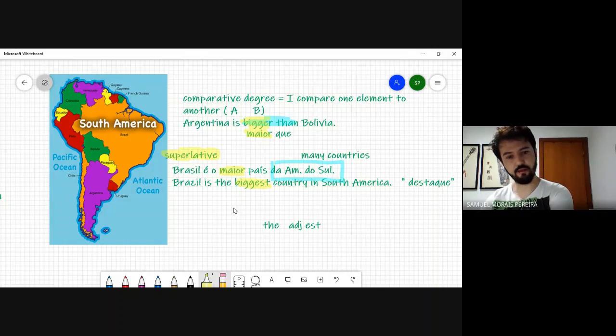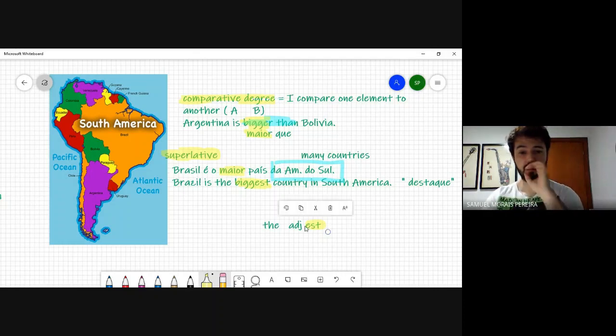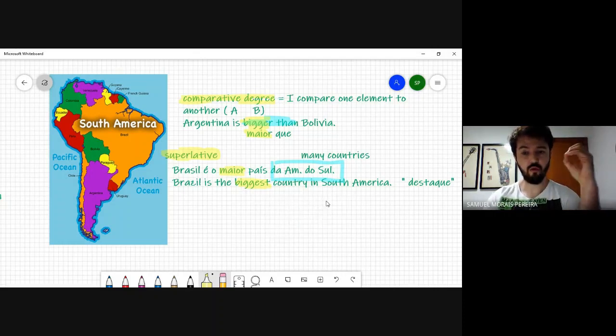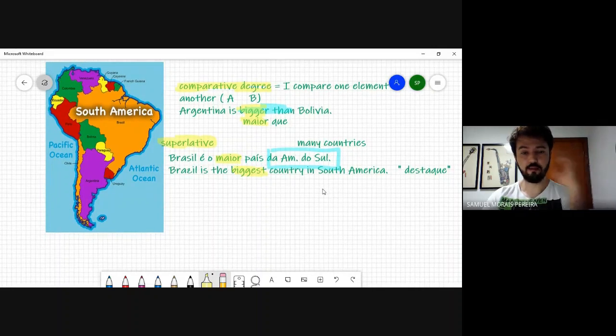In the superlative, I write like this, okay? But in the comparative, I have to use another structure. And this, I was just trying to tell you how we think, okay, to separate the comparative from the superlative. These are two different structures, right?